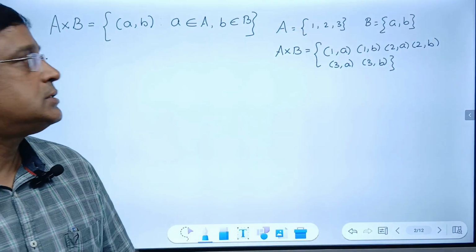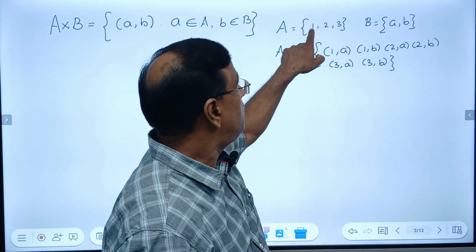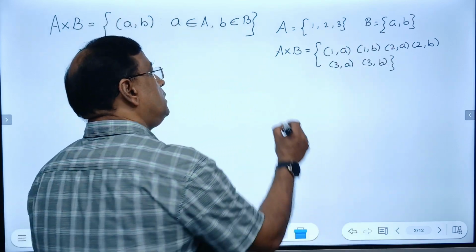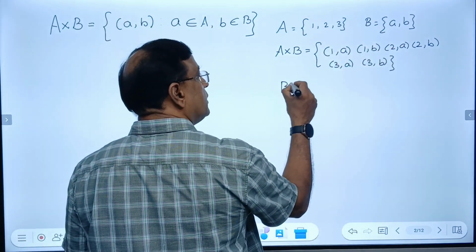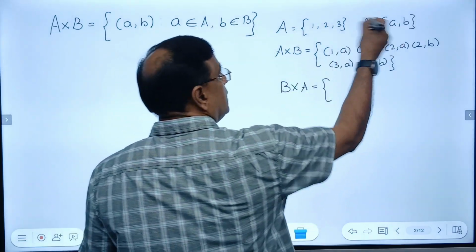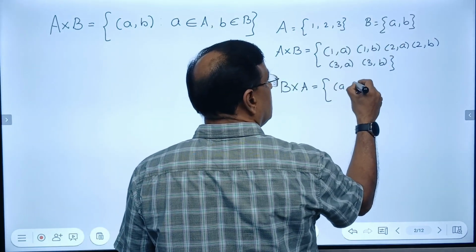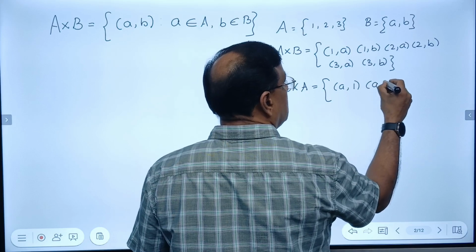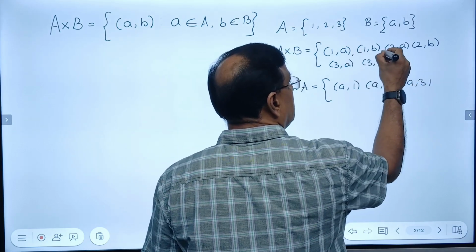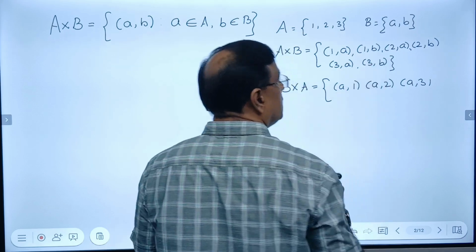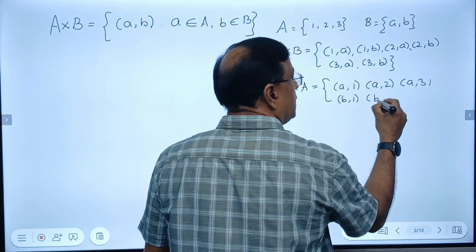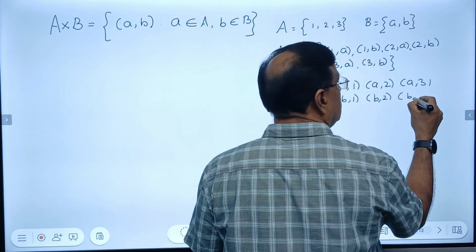Very simple. It's an ordered pair: an element from A, crossed with B. Now let us also find B cross A. B cross A is (a, 1), (a, 2), (a, 3), and then (b, 1), (b, 2), and finally (b, 3).